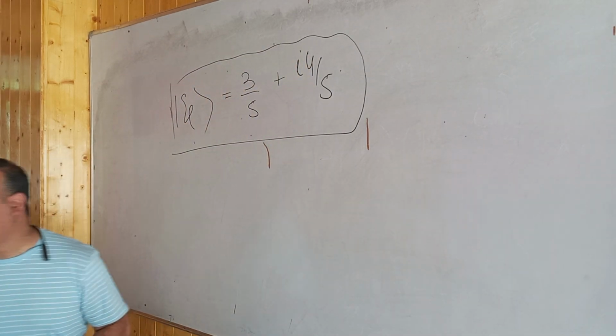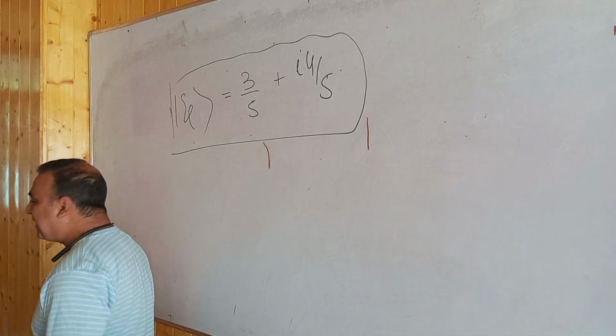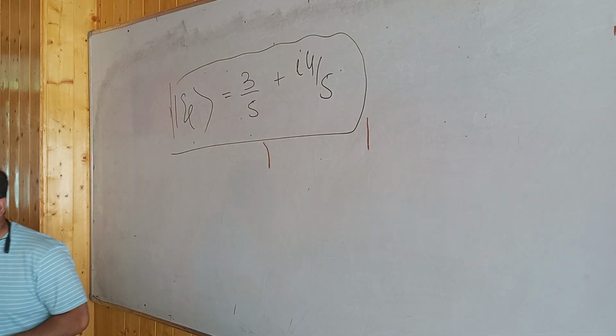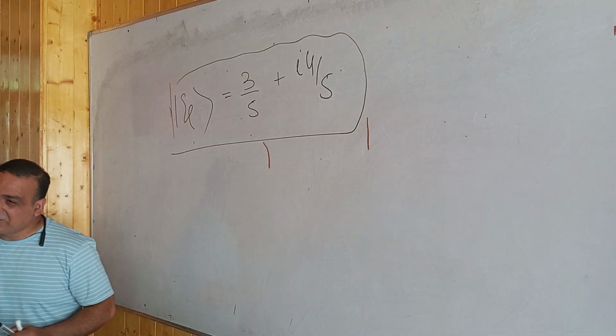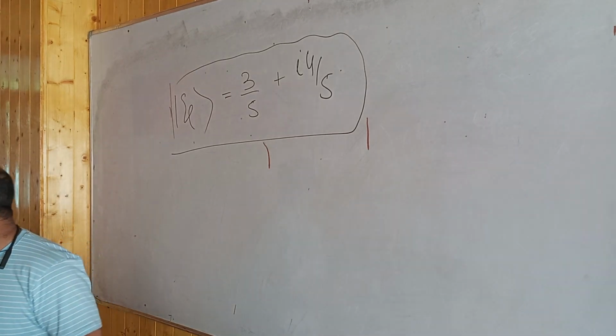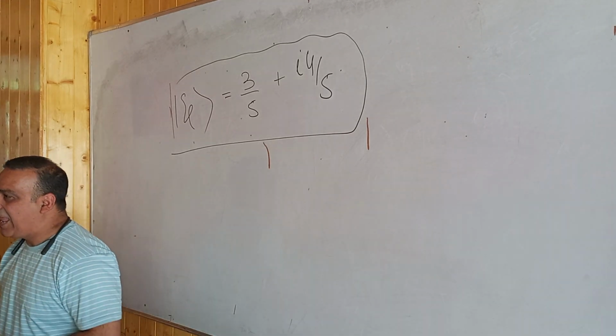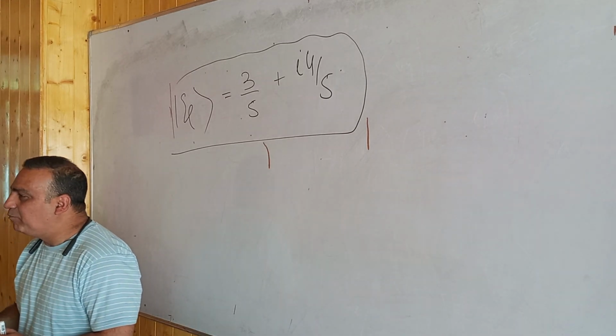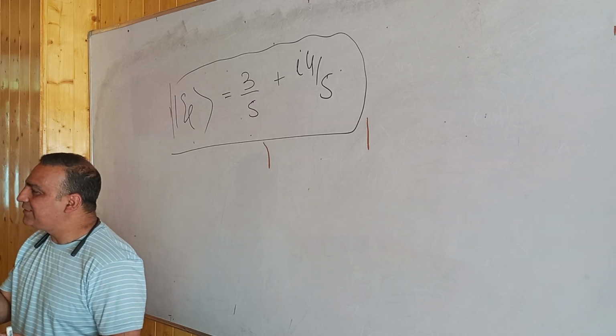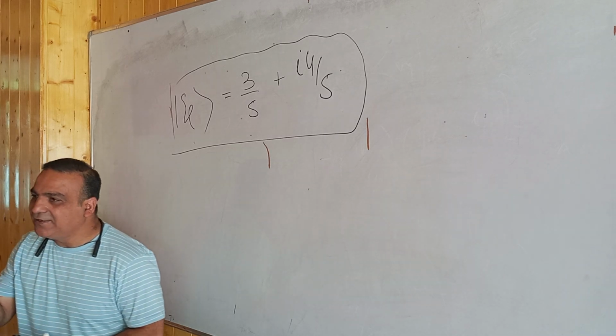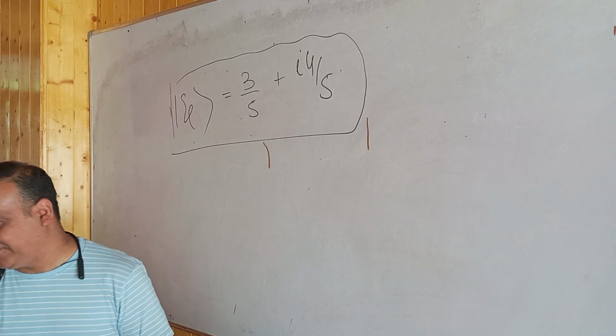Now, I want to calculate the probability that the spin of the particle in this eigenstate is along the up direction of x, or along the down direction of x.